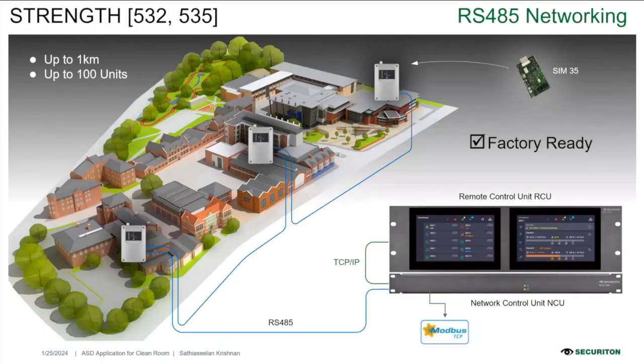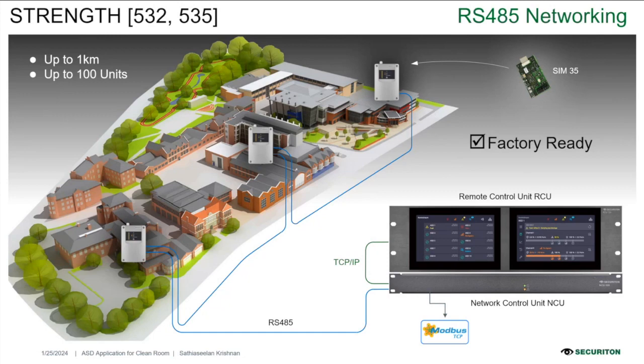To be mentioned as well, if you're looking into fabrication, we might need more than one ASD. When more than one ASD is present, there is networking possibility with Securiton. In that case, we can connect them through a LAN, or we can also connect them through RS485 technology, from 1 up to 250 or 100 units if you're using a LAN, and it can be connected to a remote control unit.